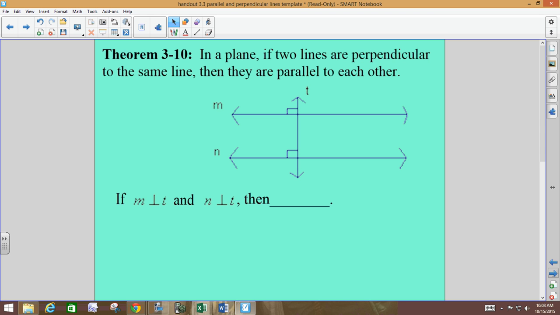So in my picture, I have T, the transversal, perpendicular to M, because they're making this right angle, and T, the transversal, perpendicular to N, because they make a right angle. Since these two lines, M and N, are both perpendicular to the same line, then they're going to be parallel. And down here, M is perpendicular to T, and N is perpendicular to T. Therefore, M is parallel to N.